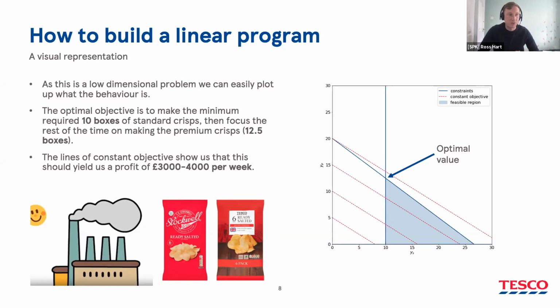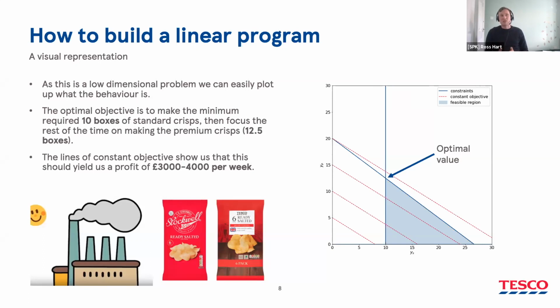So in the bottom left, we have £1,000, then it's £2,000, £3,000, £4,000. And just by plotting this up on paper, we can see that the optimal objective value is going to be right in the corner here. It's going to be to make the 10 standard units and spend the rest of the time making the premium product, which a lot of people probably may have seen when we did the problem statement.